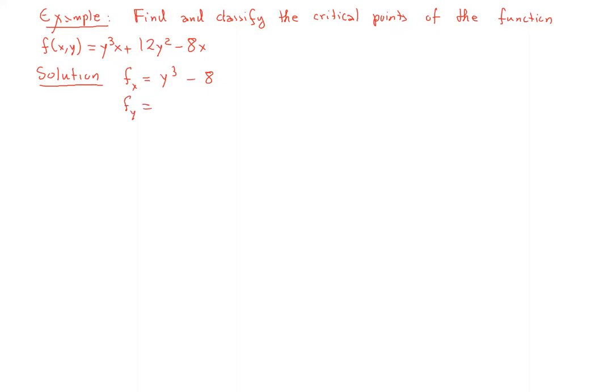It's going to be 3y^2 x + 24y. Now, you see how this works very nicely for us. If we set these two equal to 0 to come up with these equations, the first equation is easily solvable.